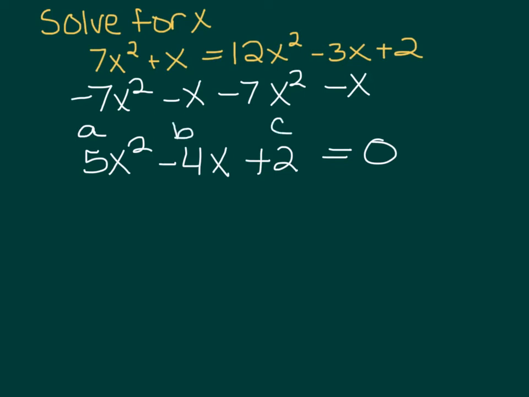And I'm just going to plug these into the quadratic formula. So we've got x equals, and if I say negative b and then b is already negative, I'm going to basically take the opposite of b.